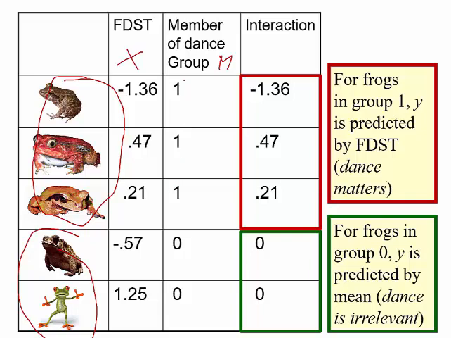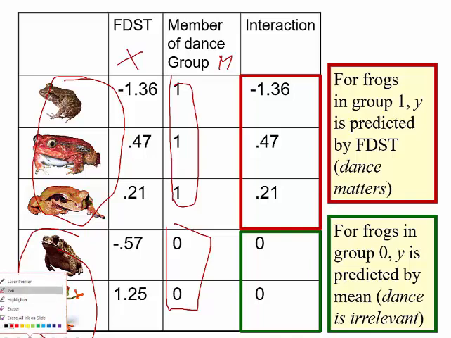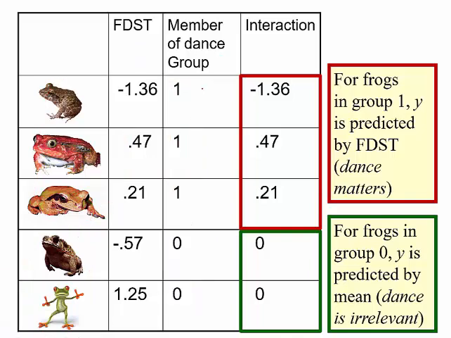And so everyone in the dancing culture gets a score of 1, and everyone in the non-dancing culture gets a score of 0. Now let's see what happens when we create our interaction term. We create our interaction term by taking your score on X and multiplying it by the moderator. So negative 1.36 times 1 gives us negative 1.36. 0.47 times 1 gives us 0.47.